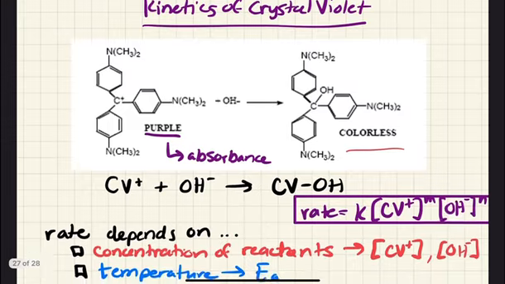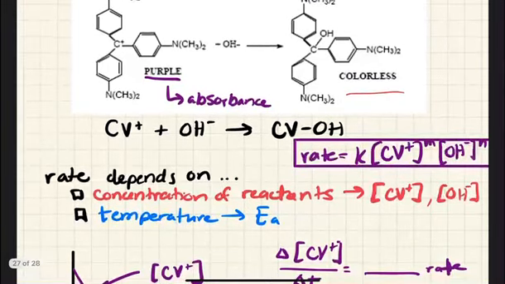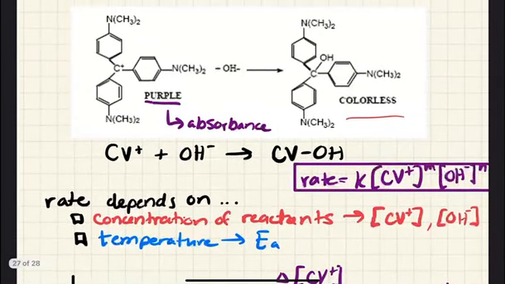And so it's important to recall that rate depends on the concentrations of reactants as expressed in the rate law. So what the concentration of Cv+ initially is and what the concentration of hydroxide initially is will determine that rate.